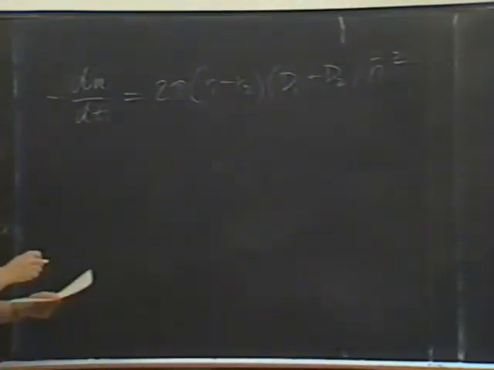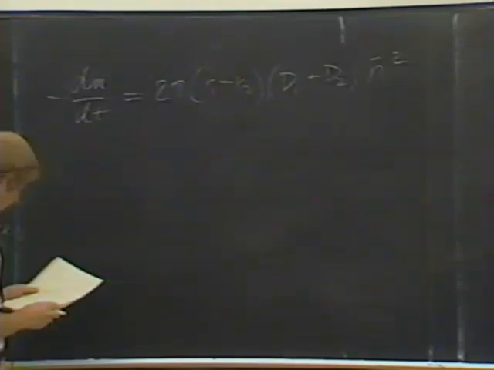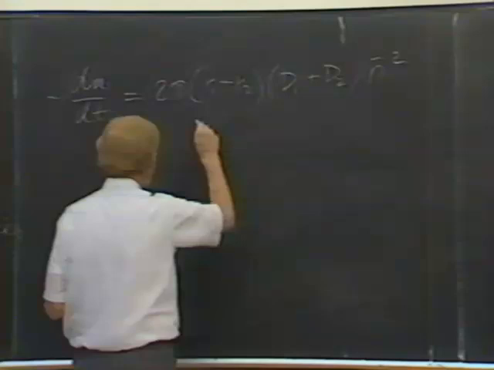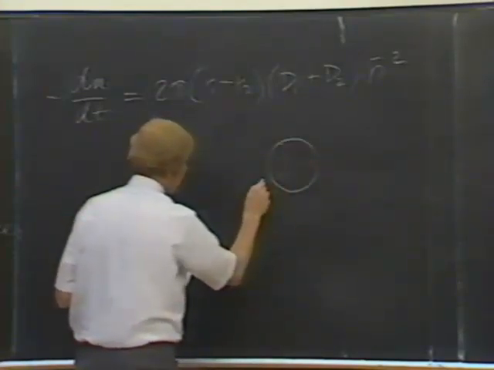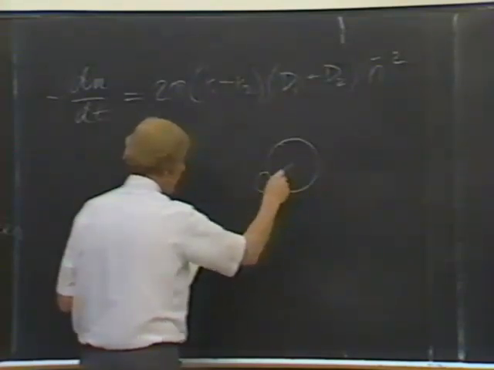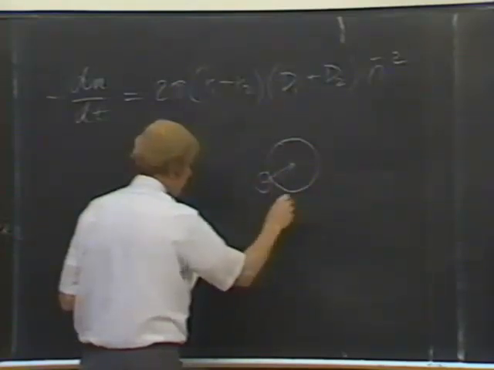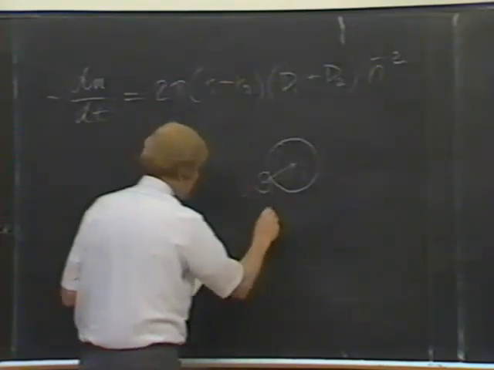I'm going to define this R1 plus R2, which might look something like this, for example, a large one and a small one. The sum of the radii, we'll call this the ith particle, and this the jth particle. So we'll call this capital R_ij, and this is referred to as the collision radius.